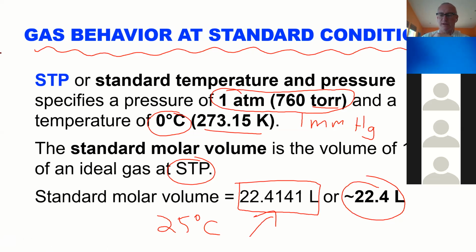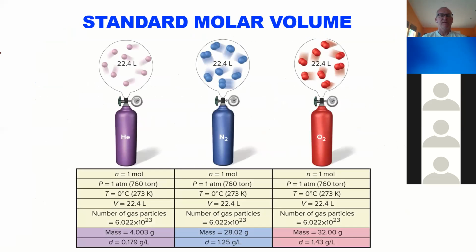This gives us another way of looking at the standard molar volume. Remember, it doesn't matter what the mass of the gas is. If I have 1 mole of helium, 1 mole of nitrogen, or 1 mole of oxygen, they're all going to have the same volume.